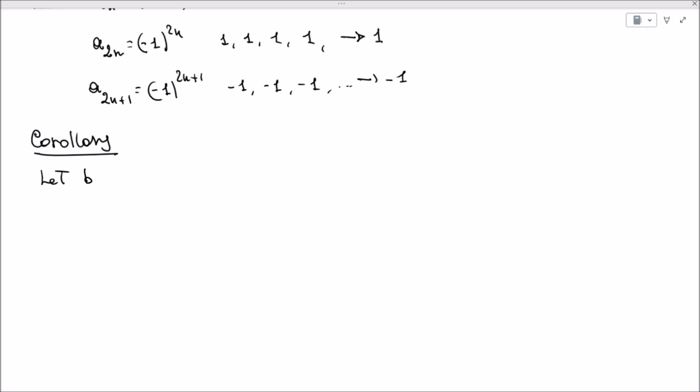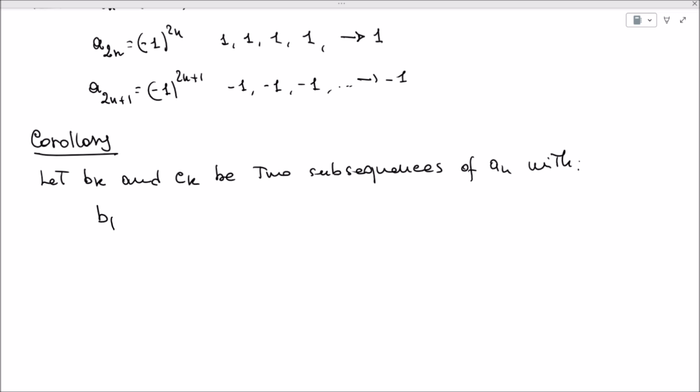Let bk and ck be two subsequences of an, with bk that tends to a limit L1 in the extended real line, and ck that tends to L2 in the extended real line, with L1 different from L2.